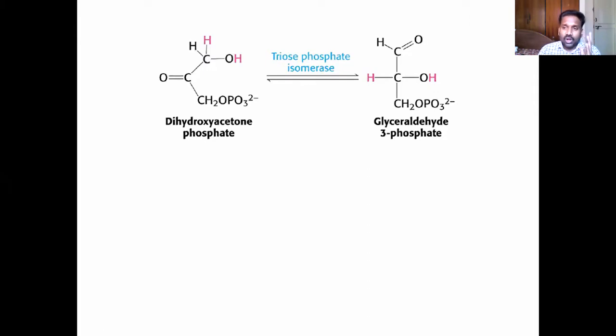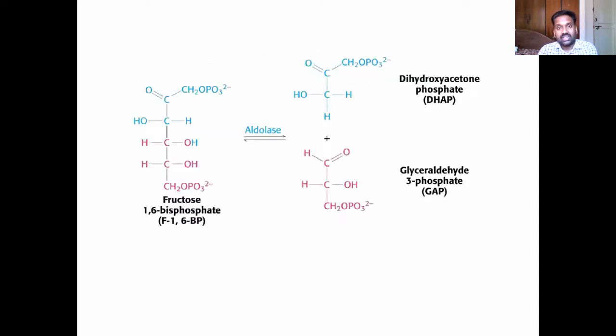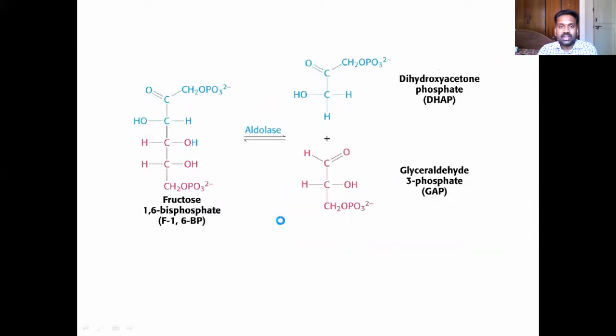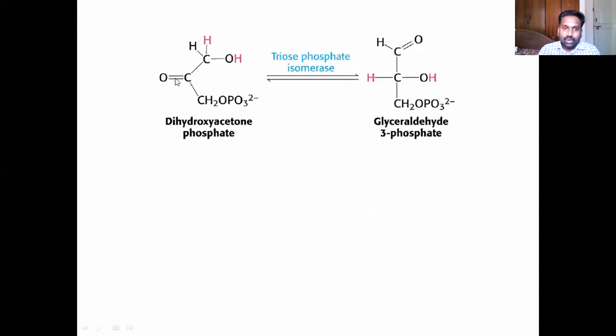This is analogous to the isomerization of glucose 6-phosphate to fructose 6-phosphate, right? In that, an aldose is isomerized to a ketose, 6-carbon, but here a ketose is isomerized to an aldose, 3-carbon, of course.